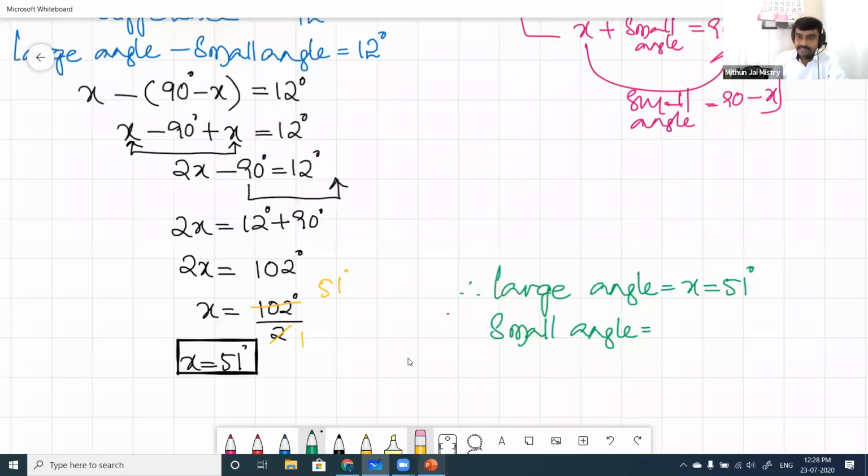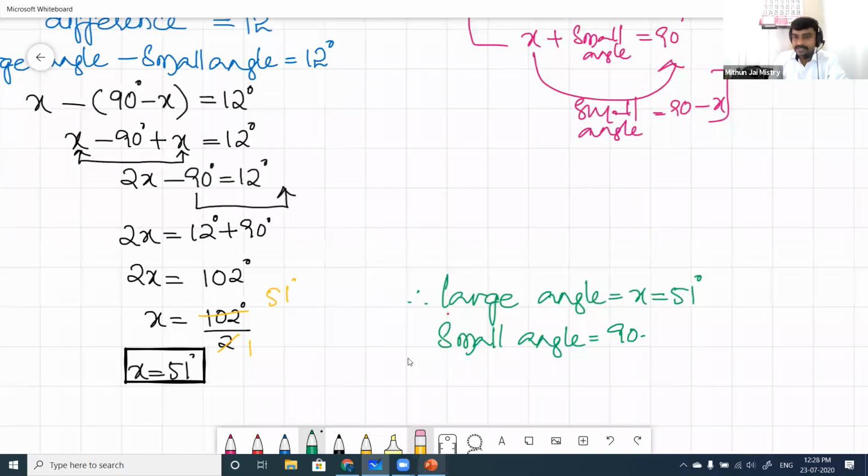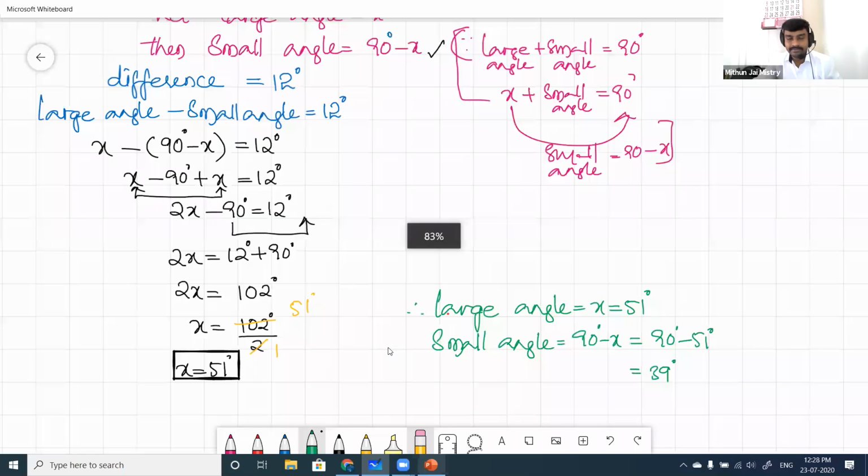So small angle is 90 minus X, that is 90 degrees minus 51 degrees. What is 90 degrees minus 51 degrees? It is 39 degrees. So the larger angle is 51 and the smaller angle is 39, right?